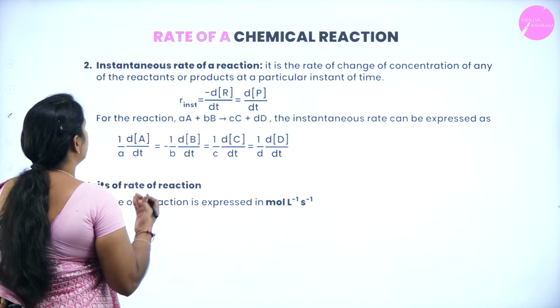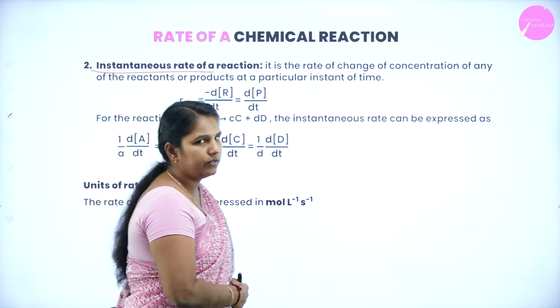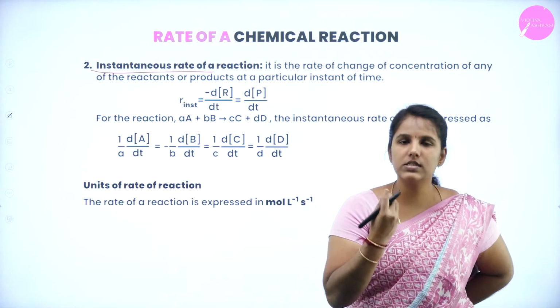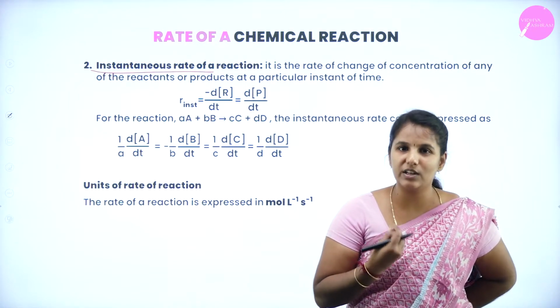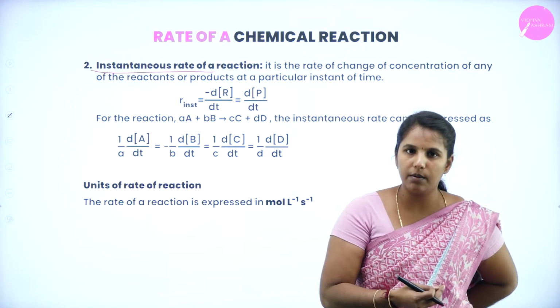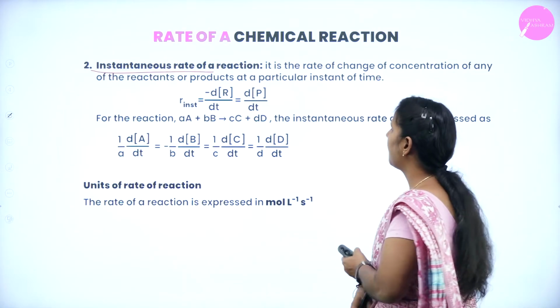Now let us understand what an instantaneous rate of the reaction is. We have understood what the rate of reaction is and how to write the average rate of the reaction. Now we are going to understand more about the instantaneous rate of the reaction.